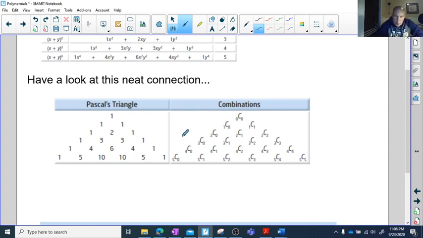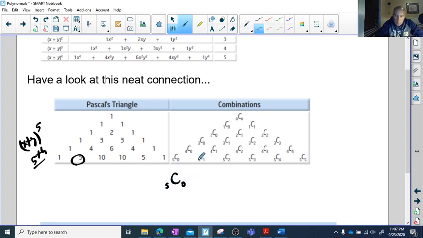Now let's look at this pattern. This is the row you use if you're raising something to the 5th power. The second number in would be a 5. So in combinations, for x plus y to the 5th power, I would know to go to this row because the second number is a 5. With combinations, it starts out at whatever the power is, so 5 choose 0.